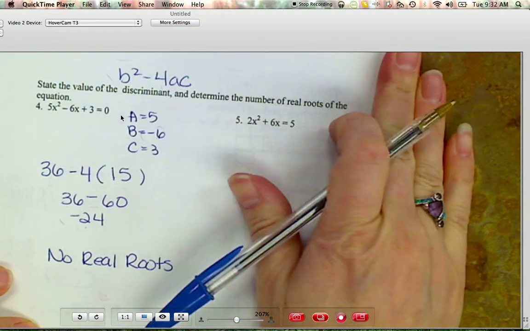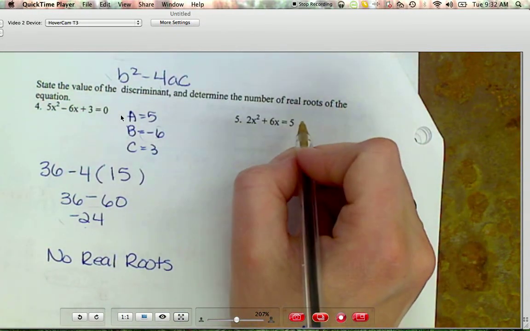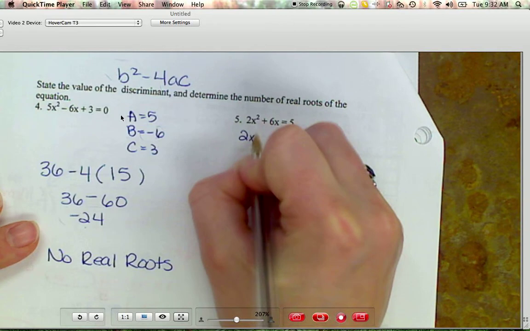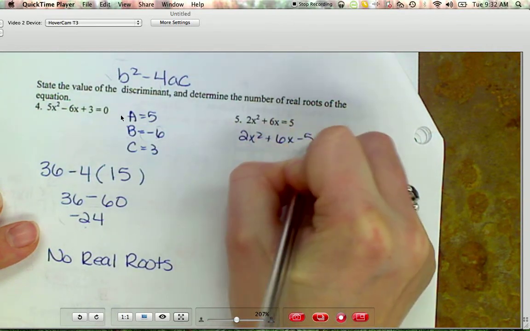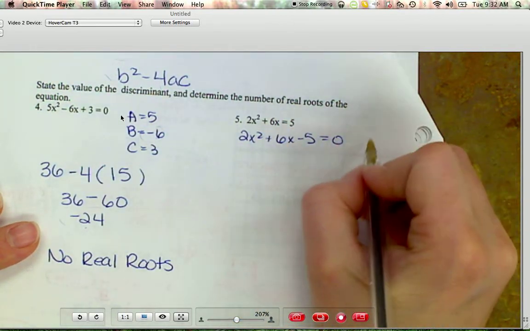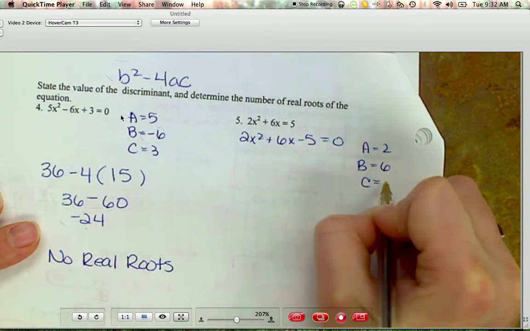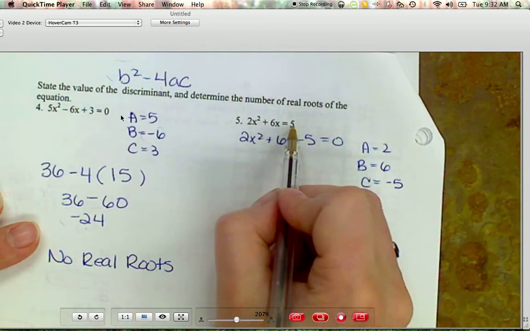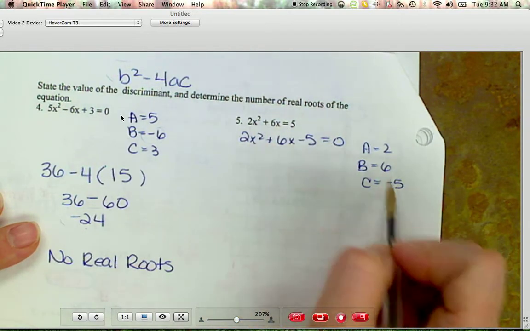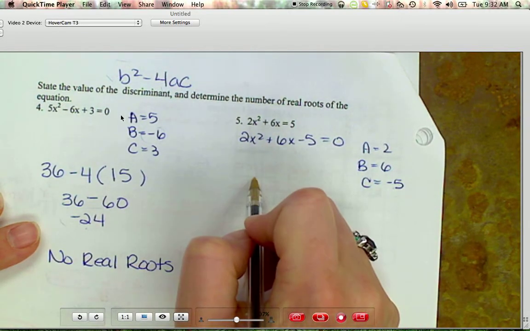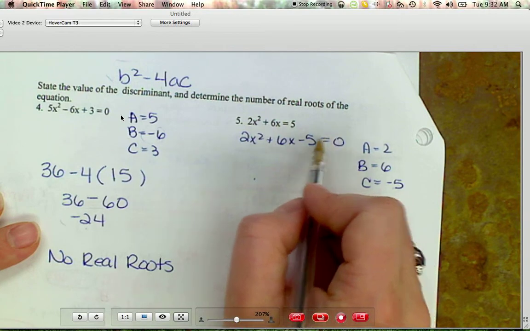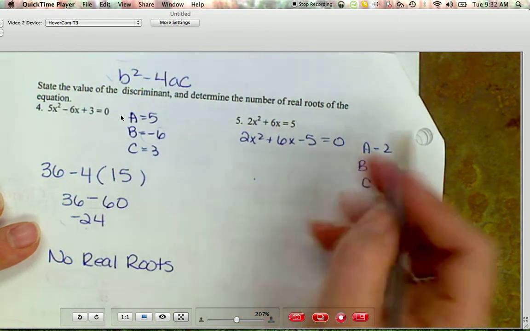This one, however, needs to get equal to 0 first. So we subtract 5. We get 2x squared plus 6x minus 5 equals 0. Now A is 2, B is 6, and C is negative 5. If you identify A, B, and C incorrectly here, you'll get positive 5. It will change your answer. So be very careful that you always get it equal to 0 first.